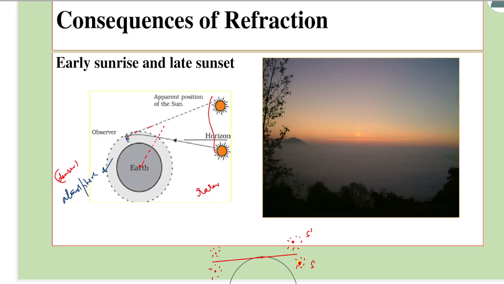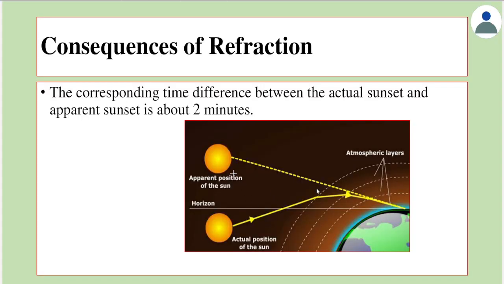The difference is not so high. As given here, the corresponding difference in time is actually 2 minutes only. It's a very small time. That is, the difference between the actual setting and apparent setting is 2 minutes. That is what is called early sunrise and late sunset.